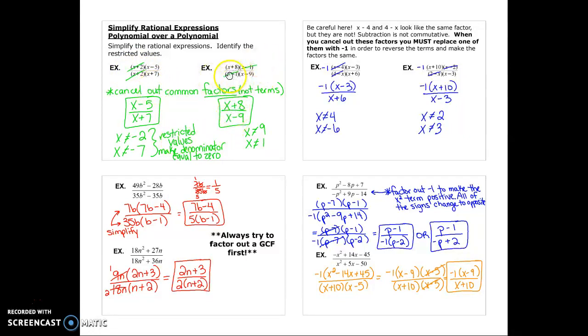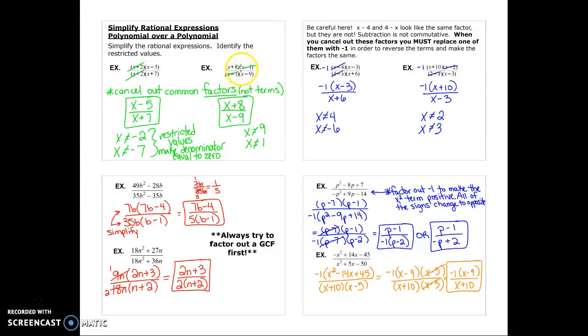So if we look at the second example, again, this is already factored for you. I have x plus 8 times x minus 1, and in the denominator is x minus 1 times an x minus 9. Okay, so again, we're dividing. I'm taking this entire numerator and dividing by this denominator. So again, if I have any factors that are common that are exactly the same, I can cancel them out.